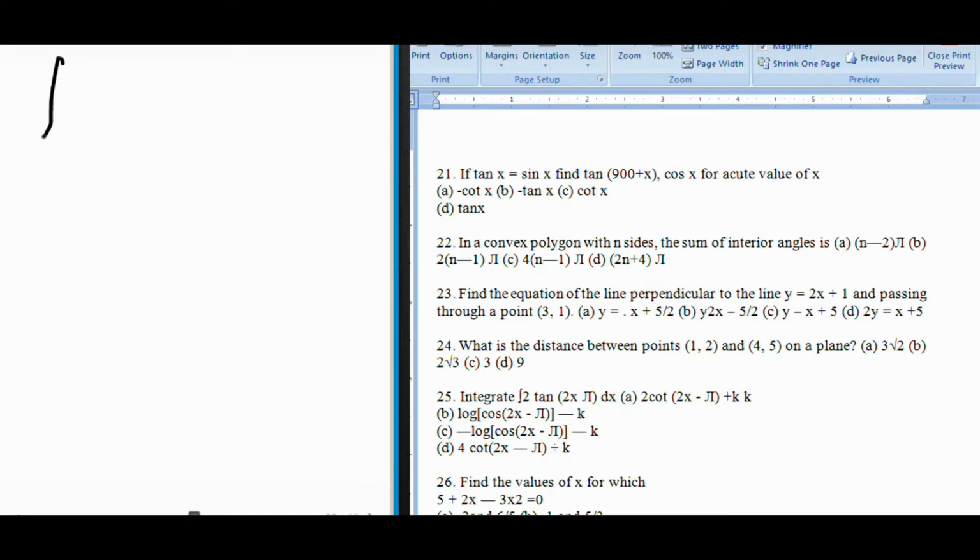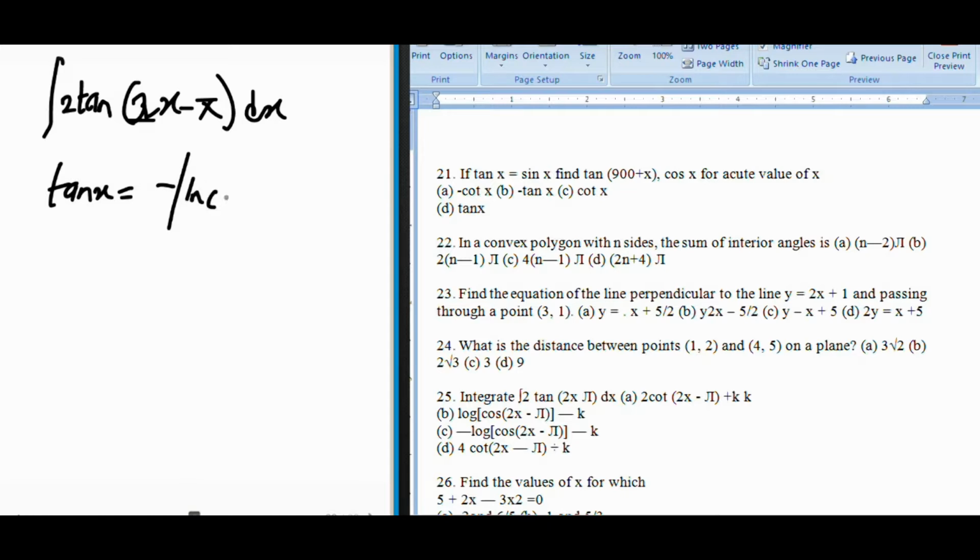If you integrate tan x, that will give us minus absolute ln of cos x plus c. Okay, that is an expression for integrating tan x. But here we are to integrate tan(2x minus pi).